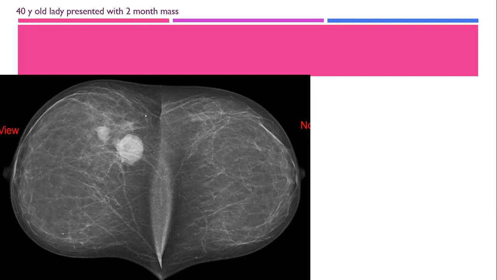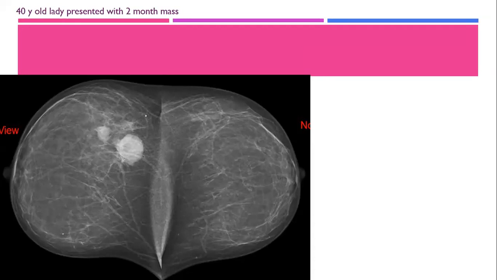The largest one is well circumscribed in the posterior part of the breast, the most posterior part. Posterior part of the medial, lateral or central? Posterior part of the lateral.